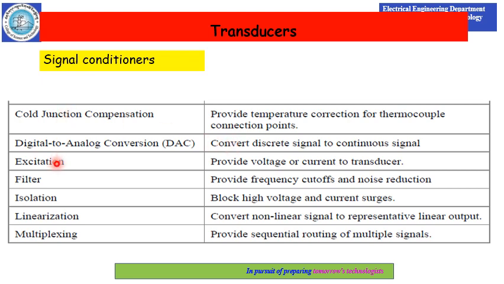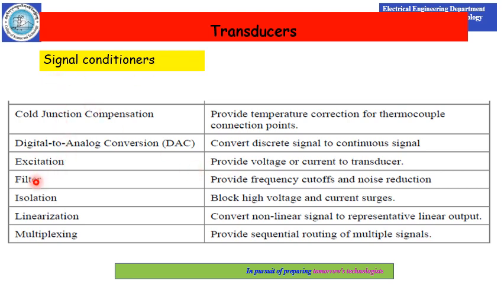The third type of signal conditioner is the excitation. Excitation is the process of providing an input signal to a system or device in order to generate a response. In context of measurement, excitation is often used to stimulate a sensor or transducer to produce a measurable output.